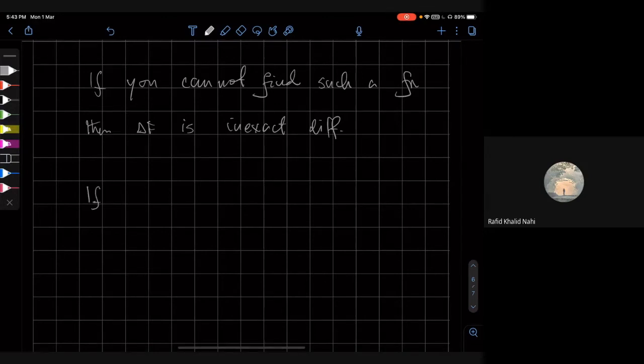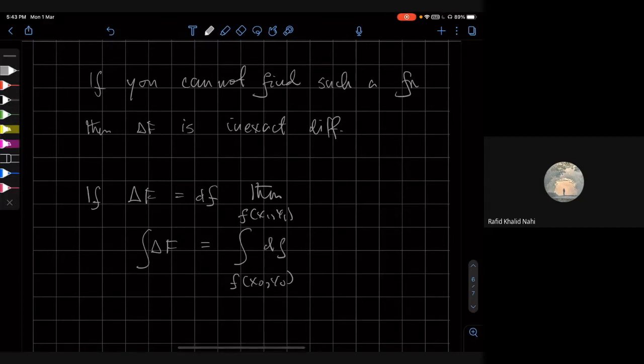If delta f is equal to d of f, then if we integrate delta f from some point to another point, say f at x0, y0 to f at x1, y1, because this is just d of f, by the fundamental theorem of calculus, we have f of x1, y1 minus f of x0, y0.